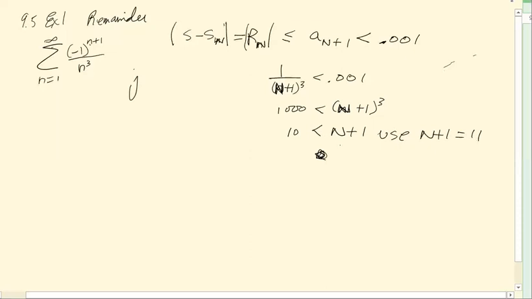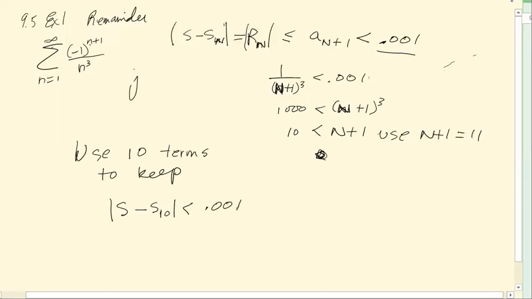So in other words, the first 10 terms would be enough to keep the error in that sum less than the required 0.001. Okay, so back over here, use 10 terms to keep the error to be less than 0.001.